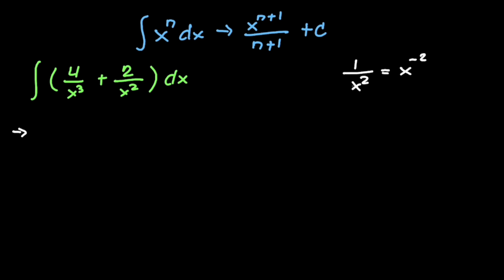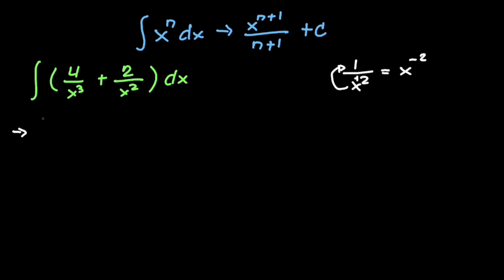If you want to bring this up to the numerator, make sure your exponent will also change. Just like this, in here it is positive x squared, but if you put it on the numerator, it will be x raised to the power of negative 2. So keep that in mind.